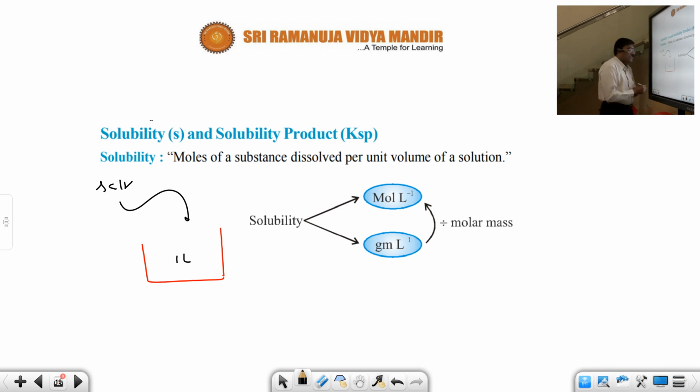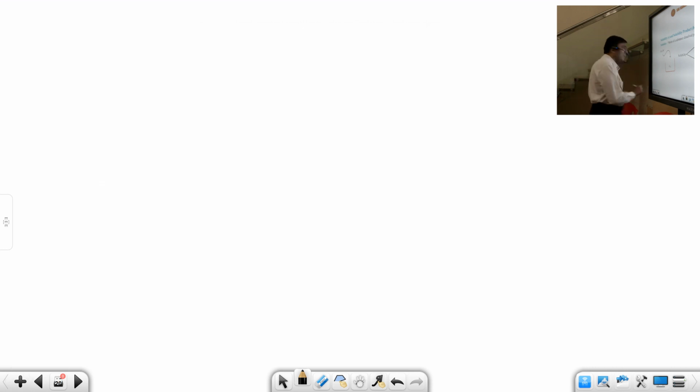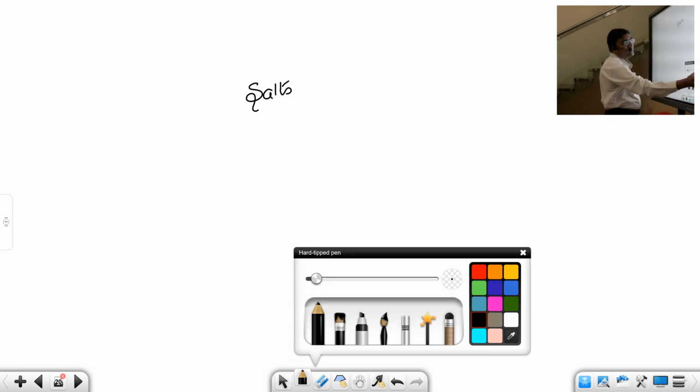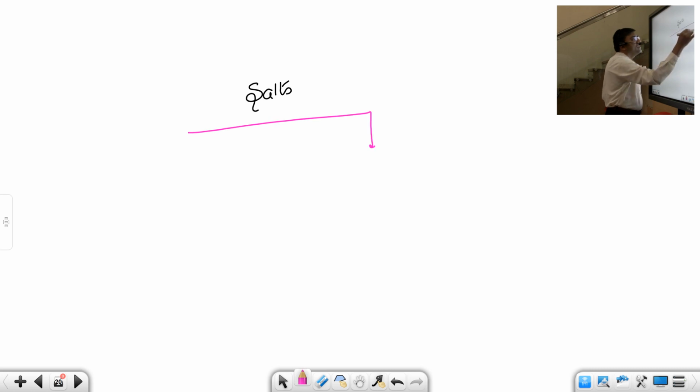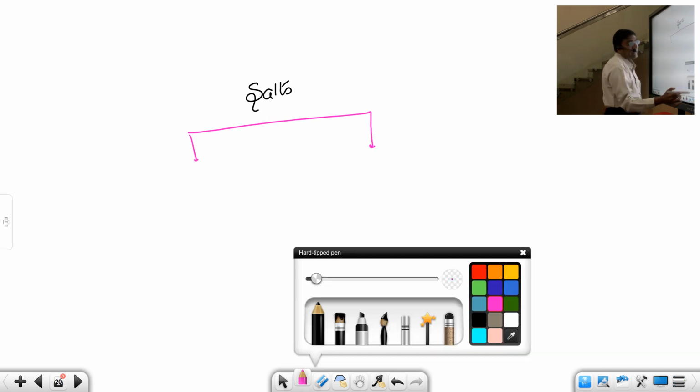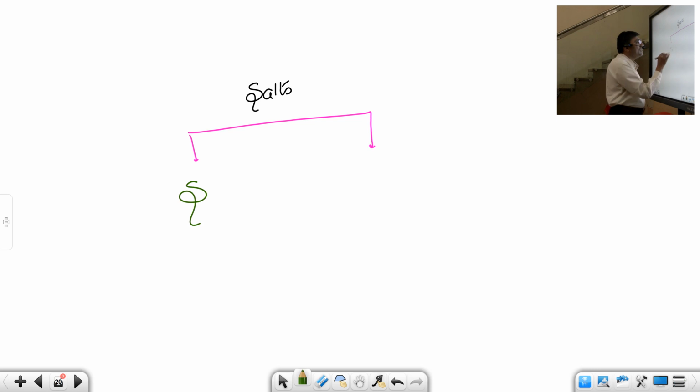Students, mind you, this topic I am going to take up in the next session. But here I would like to mention one important thing: the difference between solubility and salt hydrolysis. You have two types of salts. One is soluble salts, and the other is sparingly or partially soluble salts.